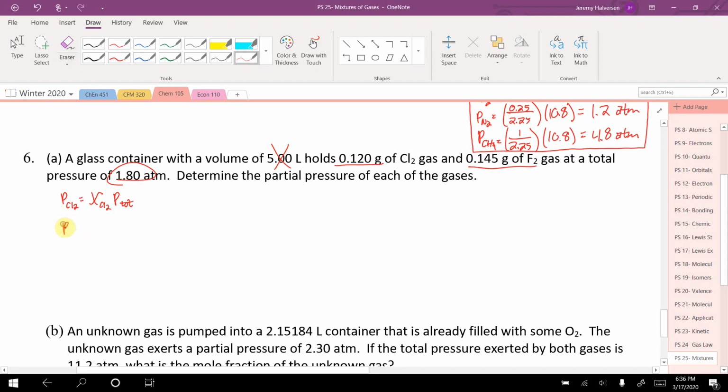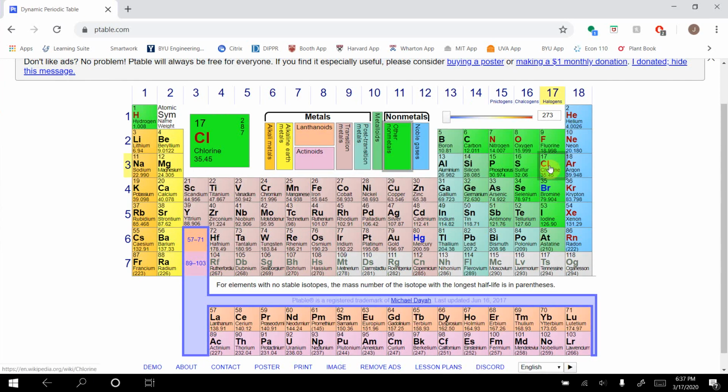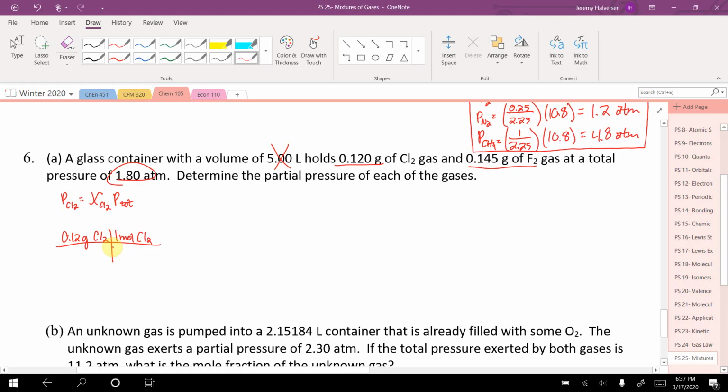So for the pressure of chlorine, first let's find the moles of each thing. So I have 0.12 grams of chlorine, and 1 mole of Cl2 is going to be 35.5 times 2, which is 71. Just going to check my math. Okay, which gives me a total moles of 0.00169.